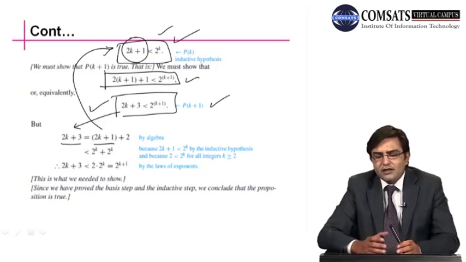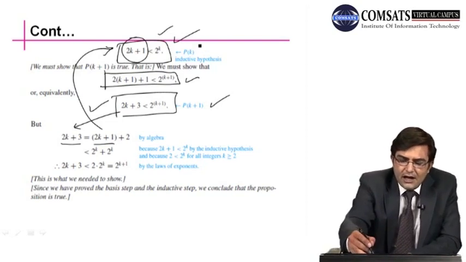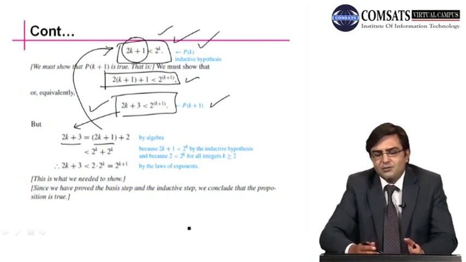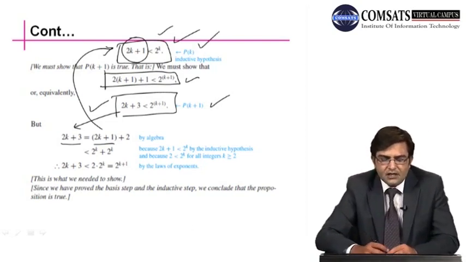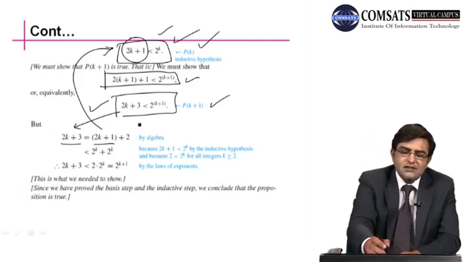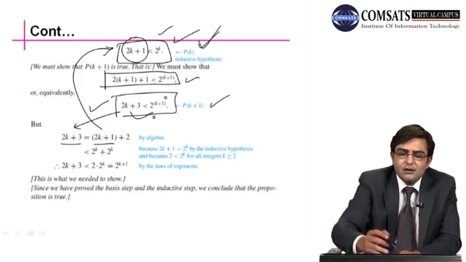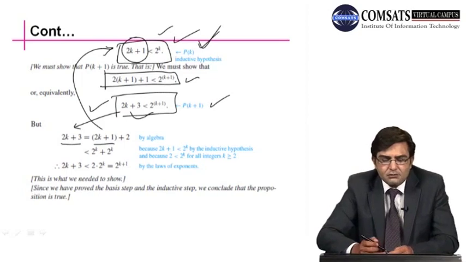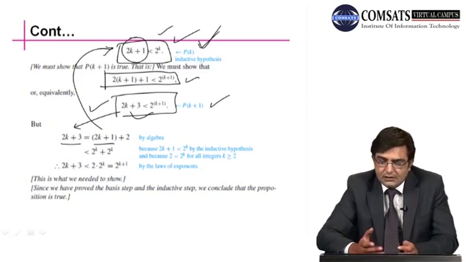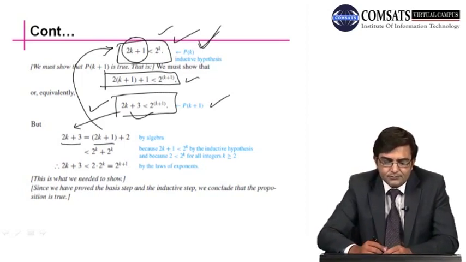The idea of proving p of k plus 1 is basically always this: we use the hypothesis p of k in proving p of k plus 1. Otherwise it will be very difficult to prove this is less than this. If we use the inductive hypothesis, it will become simple and easy.